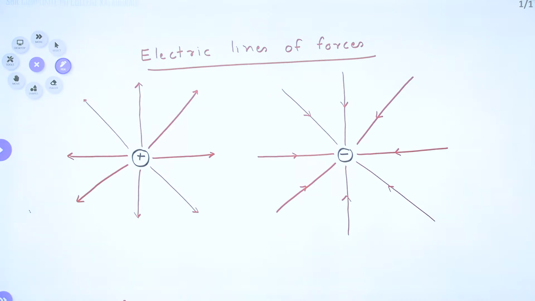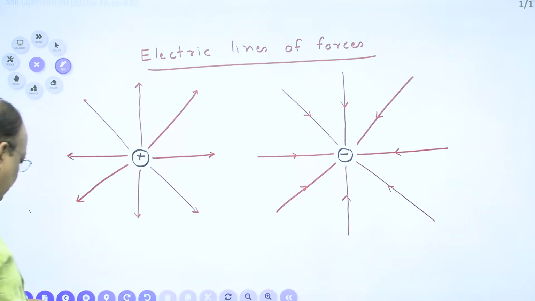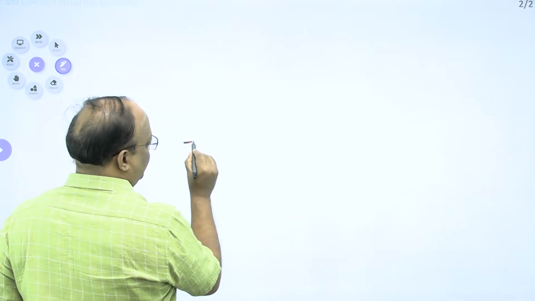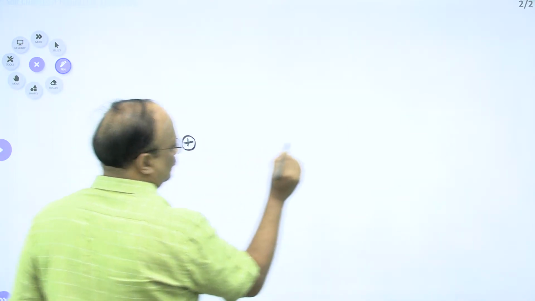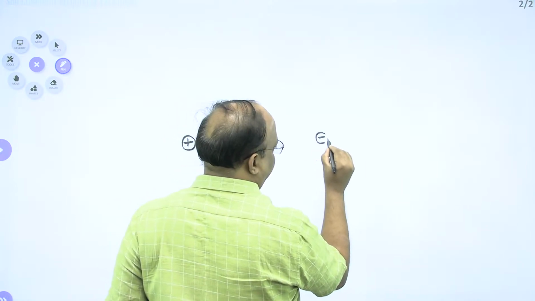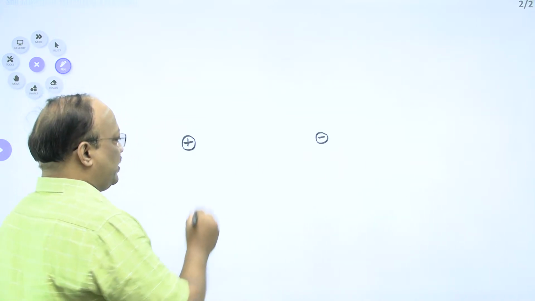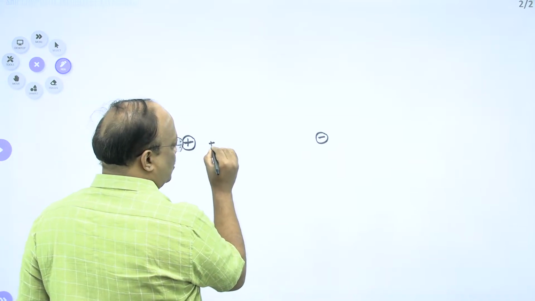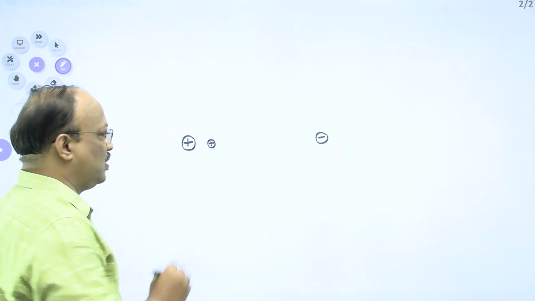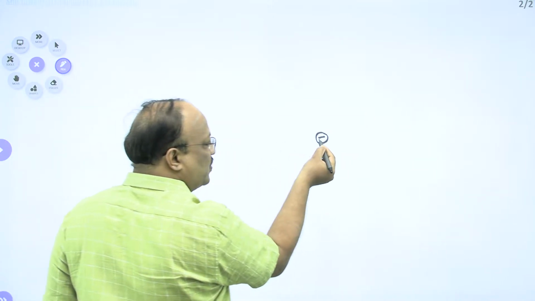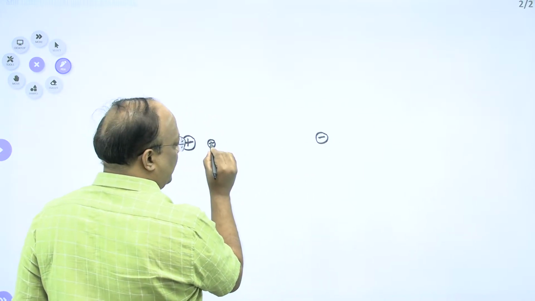If we have one positive charge and another negative charge, what will it be? I'll keep a very small positive charge here. This will repel it, whereas this will attract it.